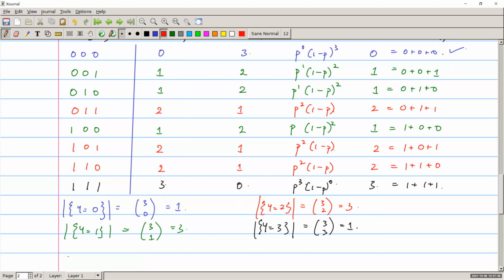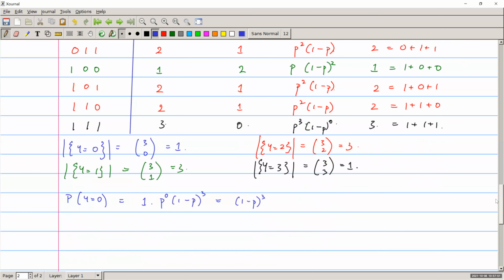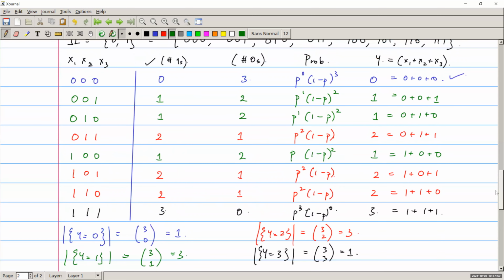Now the probability y equals 0. There's only one sequence, so it is 1 times p to the 0 times (1 minus p) cubed, which is (1 minus p) cubed. If I look at the probability y equals 1, the thing to note is that, the way we have assigned the probabilities, all the green elements have the same probability, p to the 1 times (1 minus p) squared.